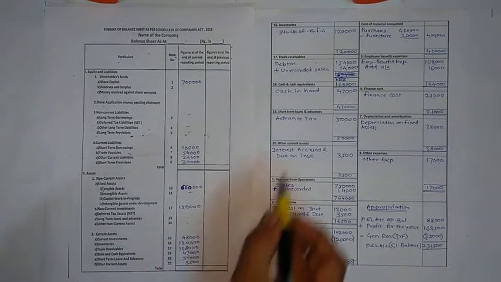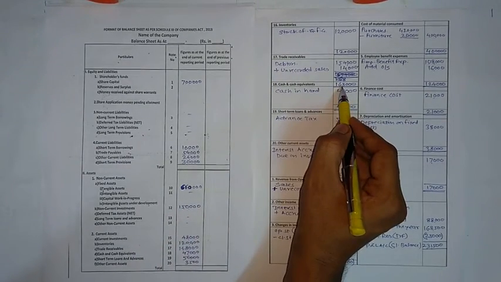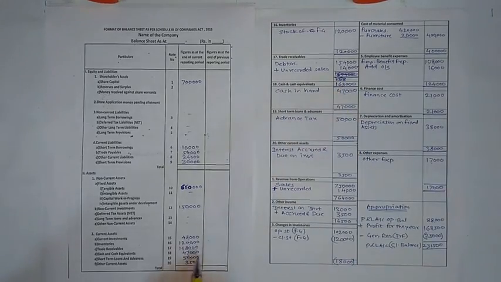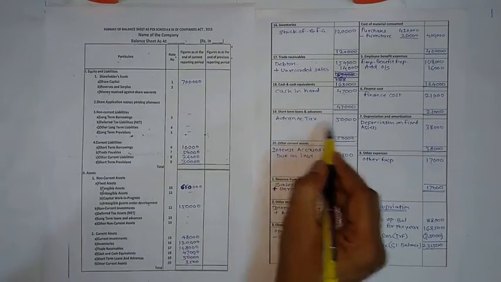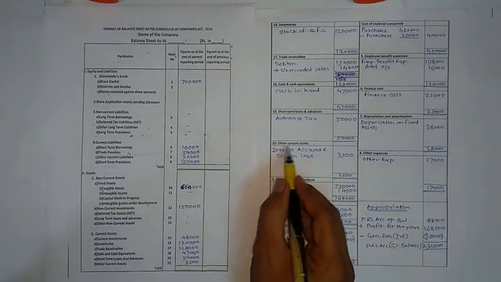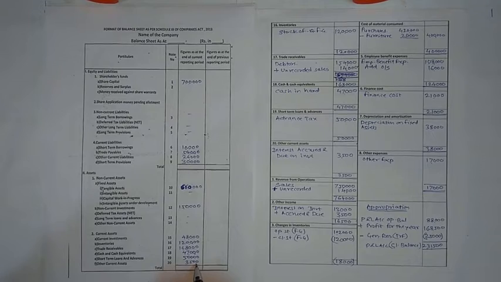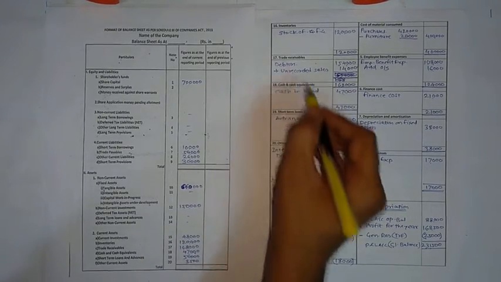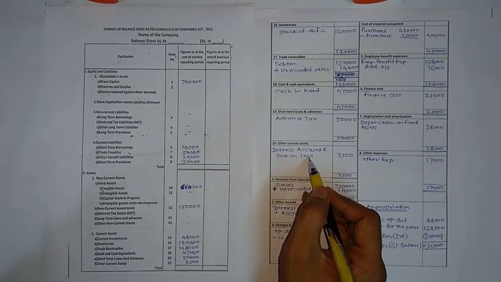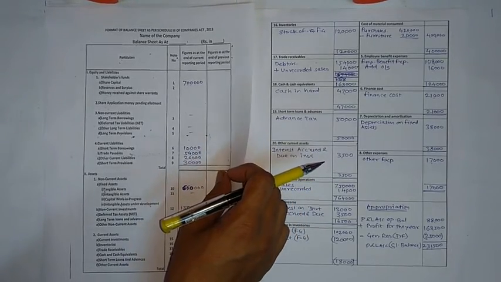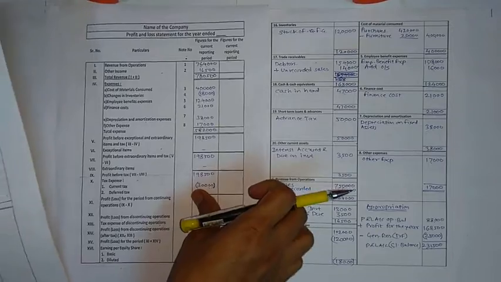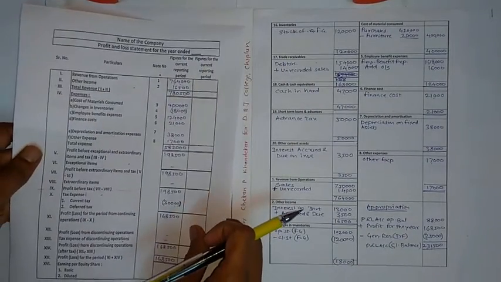Note number 17 trade receivables are 1 lakh 68,000. Then note number 18 47,000. Note number 19 50,000 and note number 20 is 3,500. So this way all notes up to number 20 related to balance sheet are closed and transferred except the reserves and surplus note. Next is profit and loss account format.